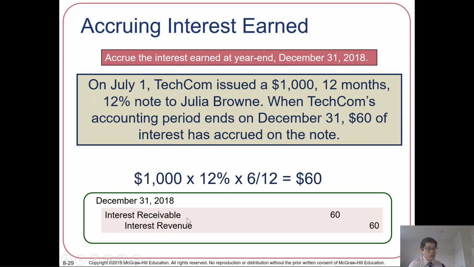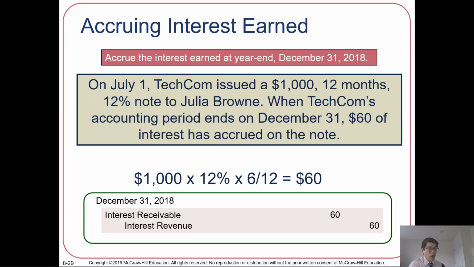So debit interest receivable and credit interest revenue. Why do we credit interest revenue? Because really it is another source of income that we earned through some other activities. We call it revenue, but it's not the revenue earned from the regular operating activities.